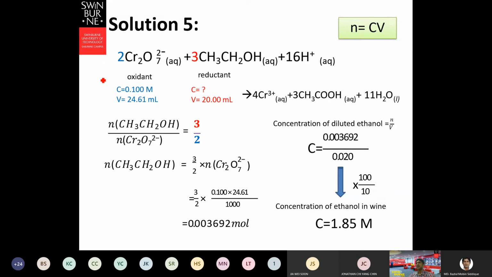So the same thing: we know the concentration of the dichromate solution, but we do not know the concentration of the ethanol, but we know the volume of the ethanol that was taken.